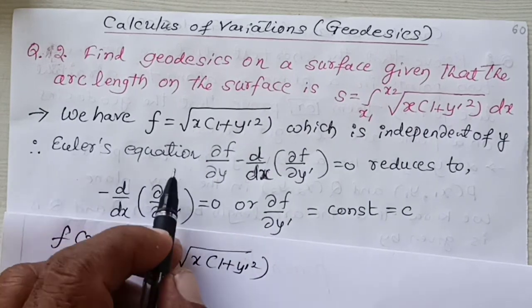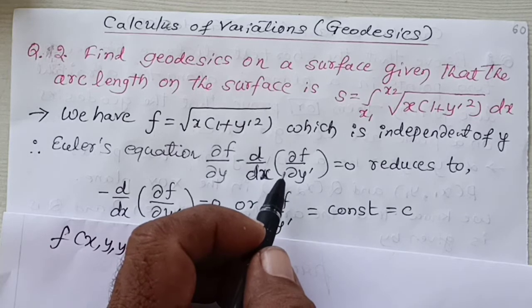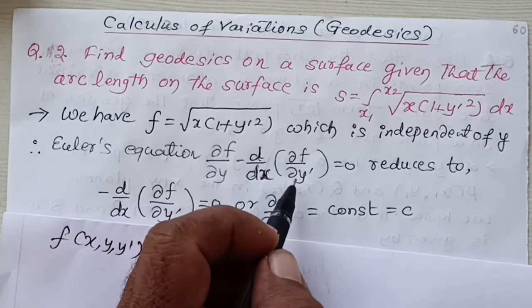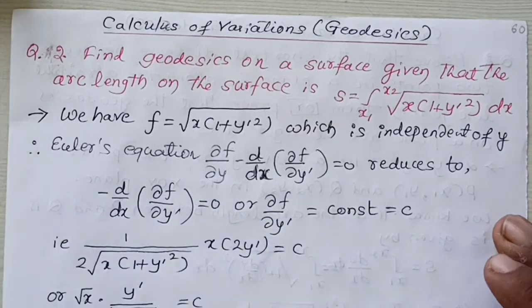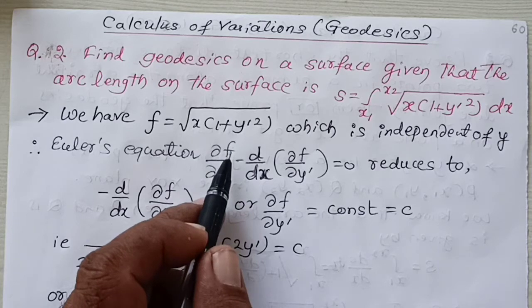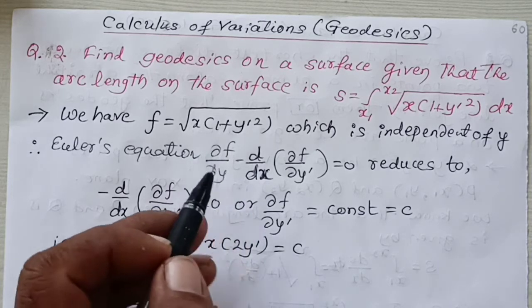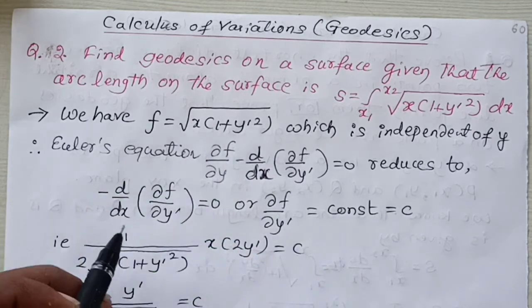Therefore Euler's equation, dou f by dou y minus d by dx of dou f by dou y dash equals 0, reduces to the following. Since there is no y variable, the term dou f by dou y is 0.